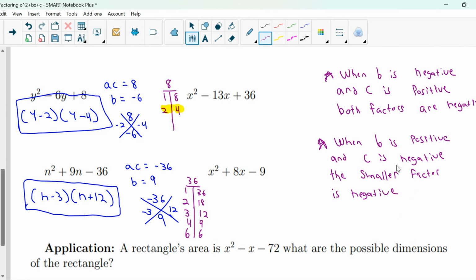And the opposite would be true if b were to be negative.